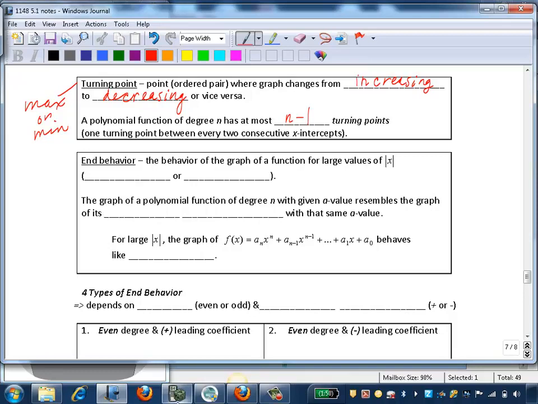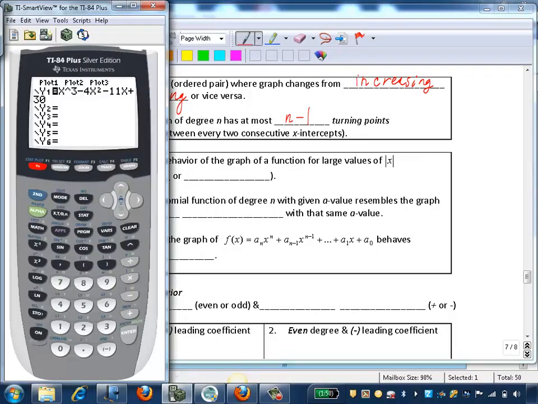So just to give you an example, if we look at this cubic function, degree 3, x cubed minus 4x squared minus 11x plus 30. So degree 3, so we know it could have at most n minus 1, which in this case is 2 turning points. So if I look at the graph, I see 1, 2, 3 x-intercepts.